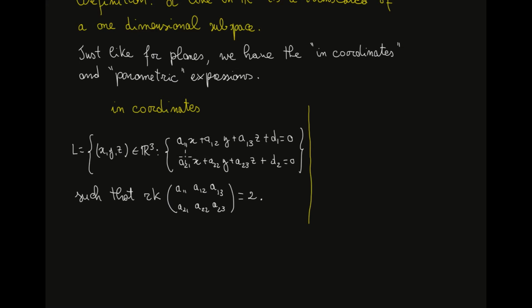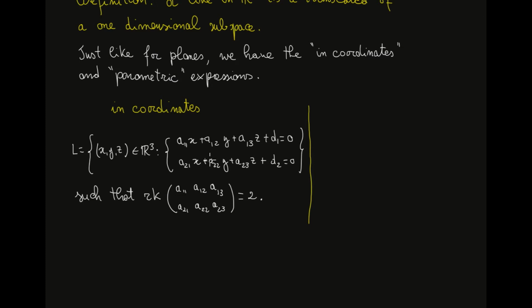Okay, so the intersection of two planes may be of three different kinds. The first kind is if the two planes are parallel and they have no intersection points, then L is going to be the empty set, which of course is not a line.